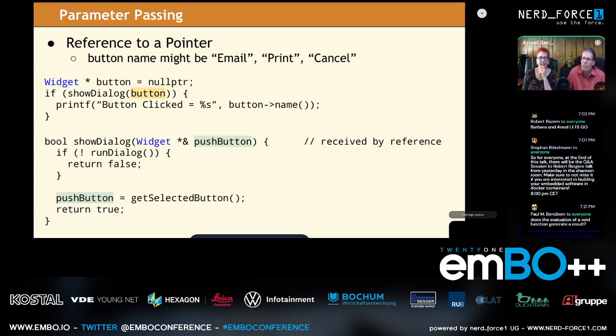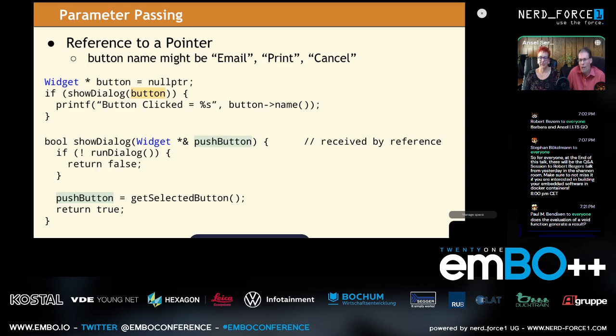So on the second to last line of show dialog, just before we return true, we call getSelectedButton. Now, if we think about the data types and value categories of each expression in the program, we can say, okay, well, getSelectedButton must return a pointer to a widget. That value that it's returning might be an L value or it might be an R value, depending upon how it's qualified.